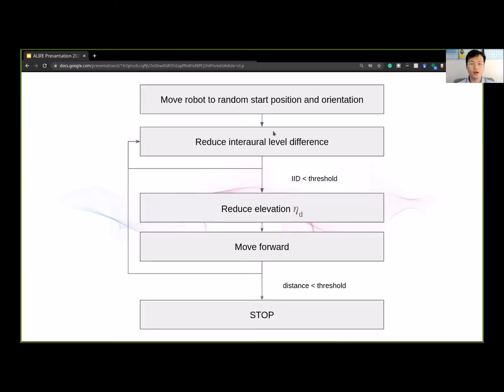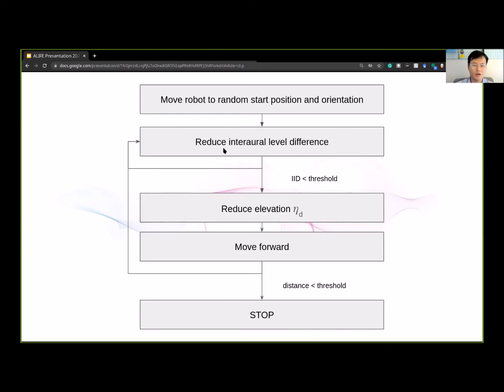So here's the flowchart of what I have been describing. First we randomize the position of the robot, a little bit lower and to the left, for each trial. Then we perform the azimuth correction by reducing the interaural intensity difference.